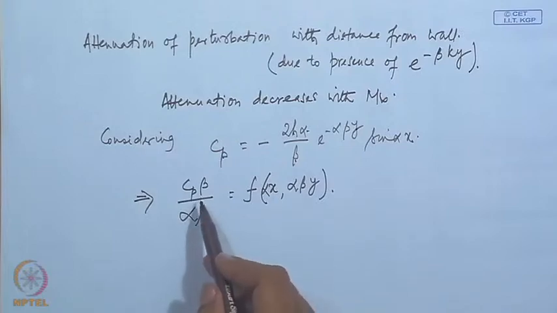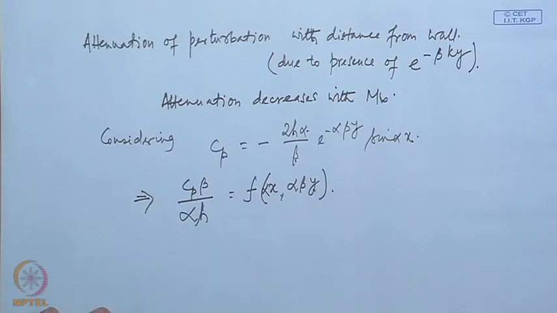The left hand side is a modified pressure coefficient, and these are of course modified coordinates.